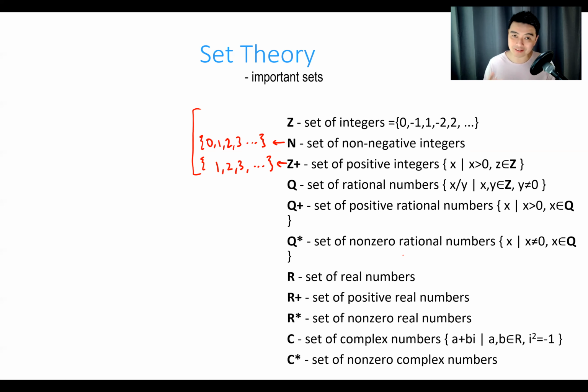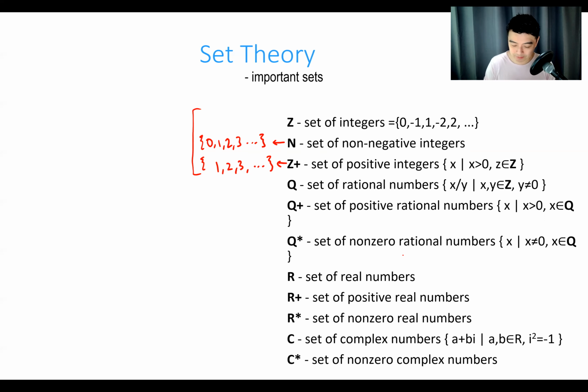If you want to know the difference between rational numbers and real numbers, real numbers is a larger set than rational numbers, even though they're both infinite. We're talking about infinite sets in a second. They both have an infinite number of values in there, but the set of real numbers is actually bigger.